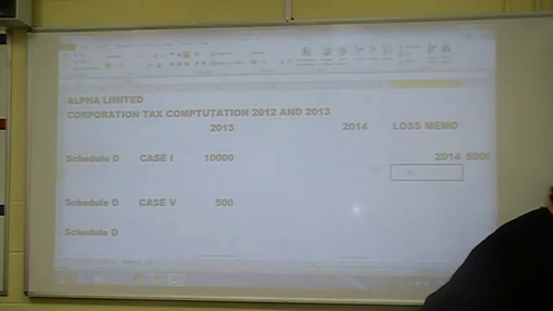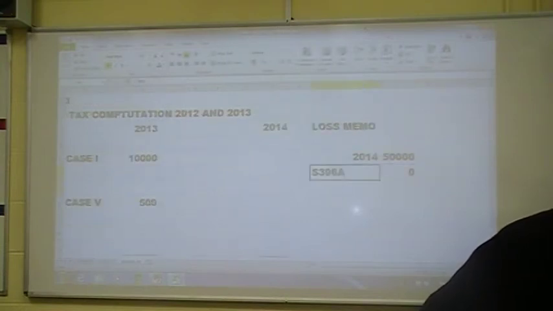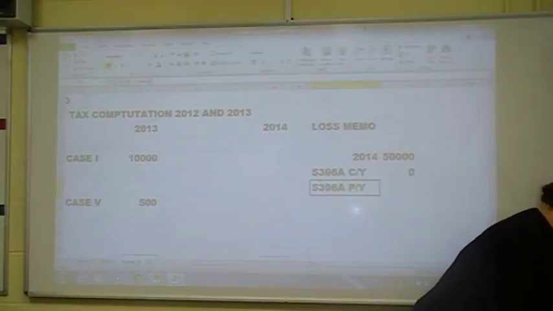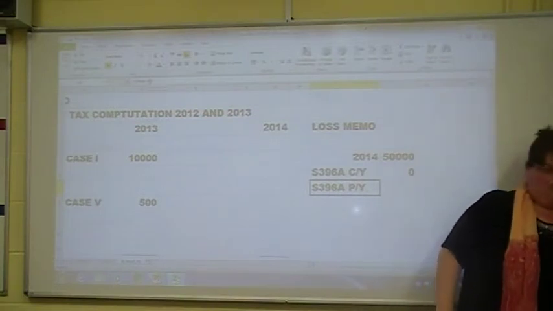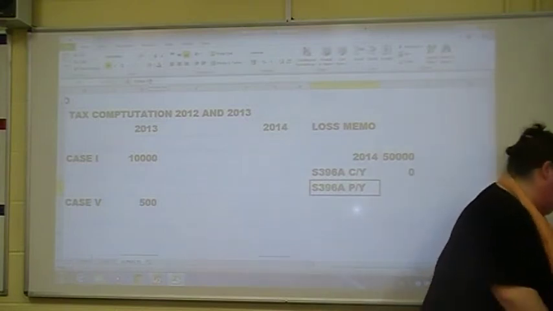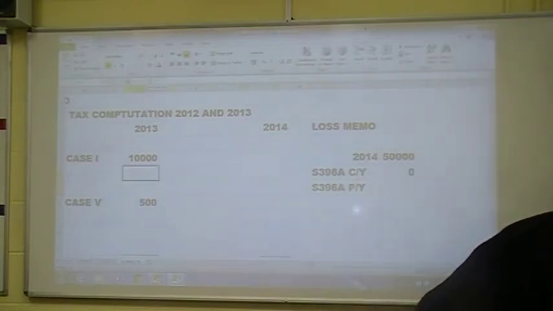For the first one, 2014, section 396A current year, against another trade, so there's no other trade there, so section 396A current year will be 0. Then section 396A prior year. Let's go back to 2013, so that's 10,000, isn't it?